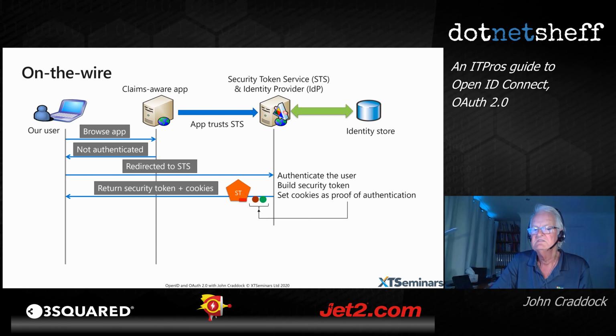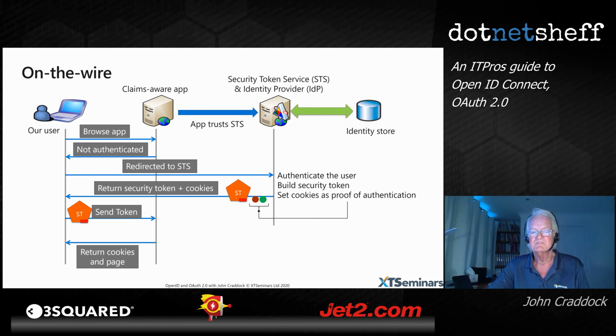Now, if that user goes to any other resource protected by that STS, it can just represent the cookies and the user doesn't have to re-authenticate. Anyway, the security token gets sent back to the claims-aware app. The claims-aware app opens it up, validates it, and returns cookies that prove you're authenticated to the app, and the appropriate page.